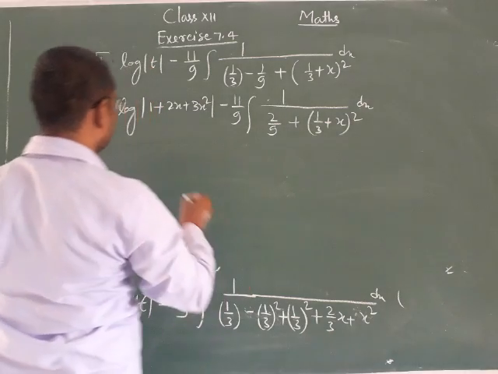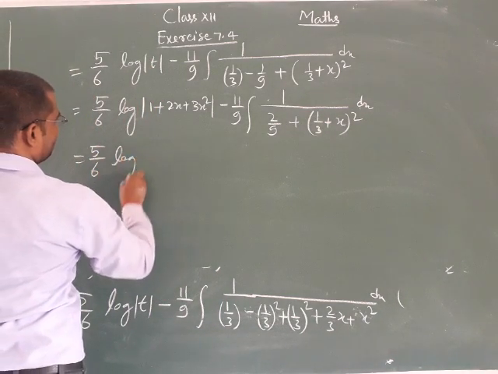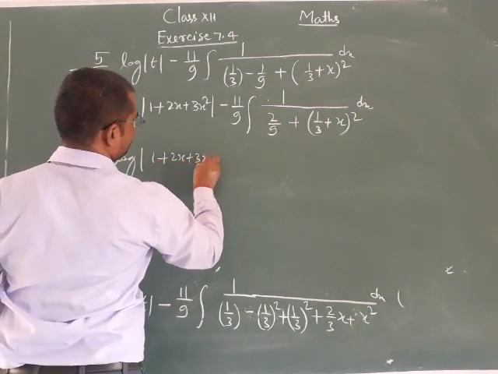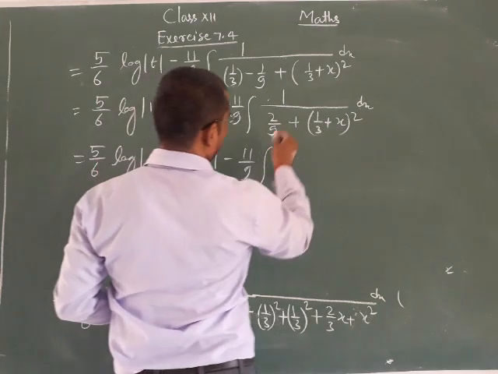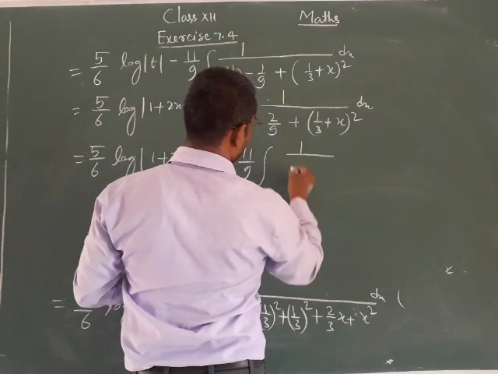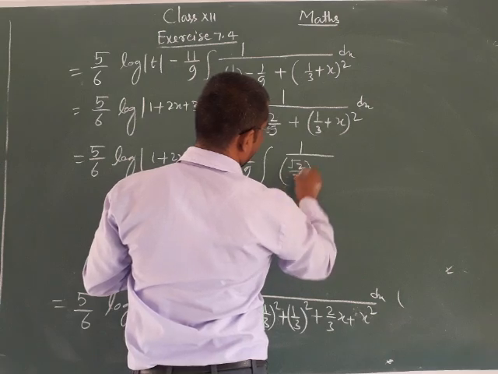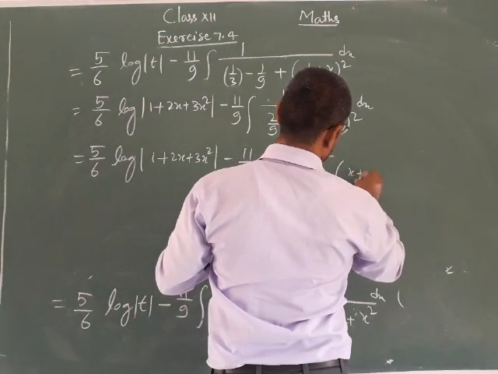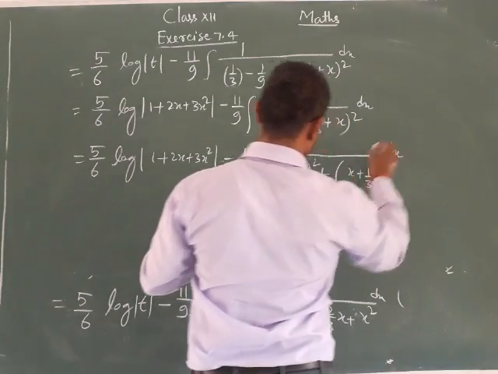Also we can write 5 upon 6 log 1 plus 2x plus 3x square and 11 upon 9, and 1 upon 2 root 2 upon 3 square and plus x plus 1 by 3 whole square dx.